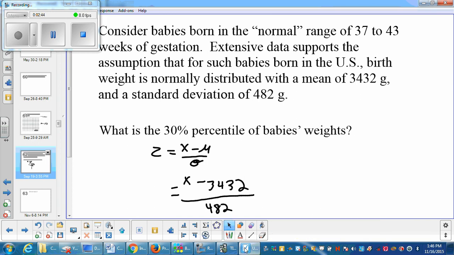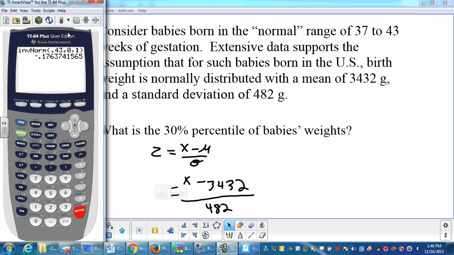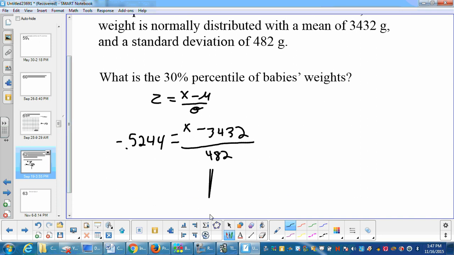We're looking for the 30th percentile, so we do inverse norm of 0.3 and then go to paste. We get a value of negative 0.5244.